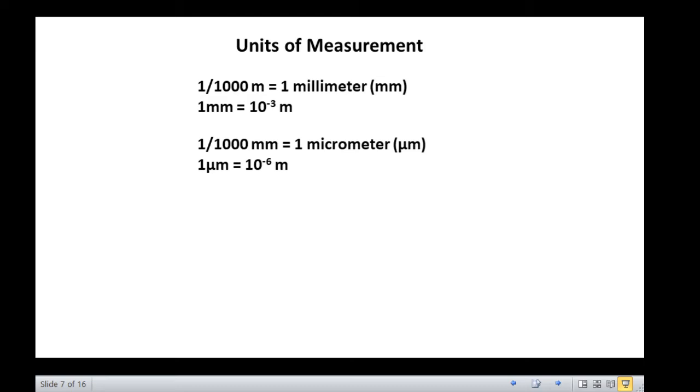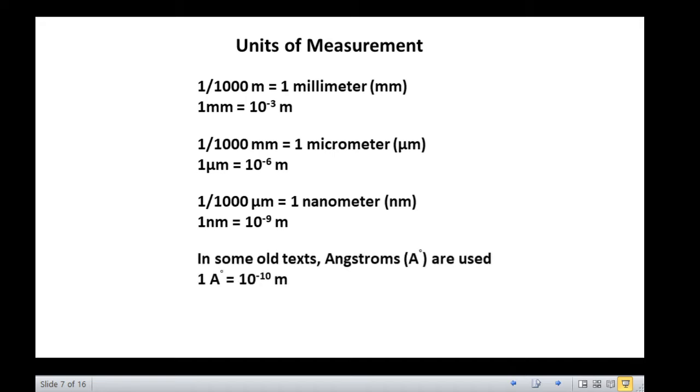When a micrometer is further divided into 1000 parts, each part represents a nanometer. A nanometer is equal to 10 to the power minus 9 meter. Yet another unit, angstrom, is equal to 10 to the power minus 10 meter, but it is not used any longer and can be found only in old texts.